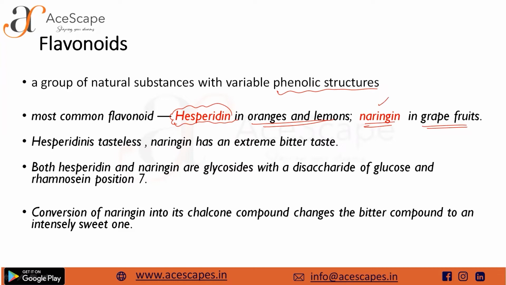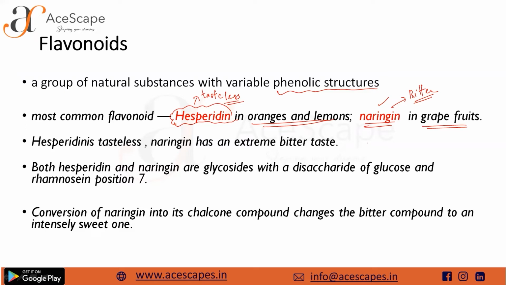flavonoids. If you taste hesperidin, it is basically tasteless. It doesn't have any taste. But naringin has a bitter taste. So if in your house you have some grapevines, and when the grape is in that small stage and you taste it, it will be bitter in taste.